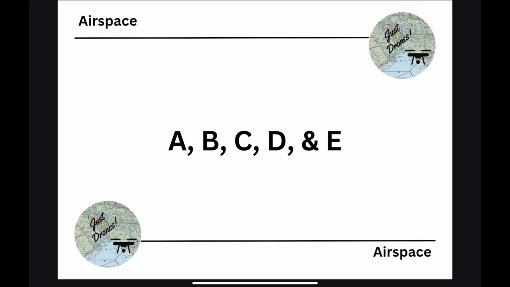It depends on where Class E actually starts and if it's around the airport. But we're not going to cover that in this video today. There's a past video that I created last year that will talk you through that as well. It gets a little confusing with Class E, but again, it's still a controlled airspace: A, B, C, D, and E. The only uncontrolled airspace that we deal with as a remote pilot is Class G. That's the only type of uncontrolled.